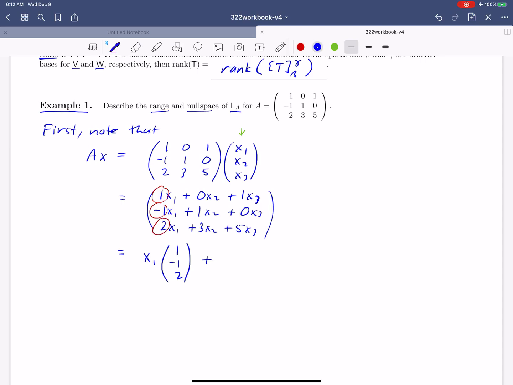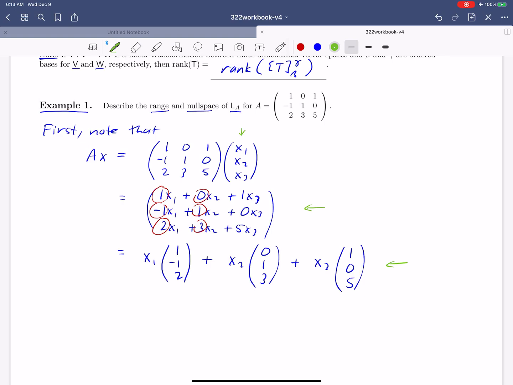Then we'll add that to the piece that goes with x2 times (0, 1, 3). Again, the 0, 1, 3 are coming from here. And then one more time to get the x3s in there, x3 times (1, 0, 5). If you do the calculation in the reverse order and add all of that together, you'll notice that it does simplify to what we had above. So those really are equal to each other.